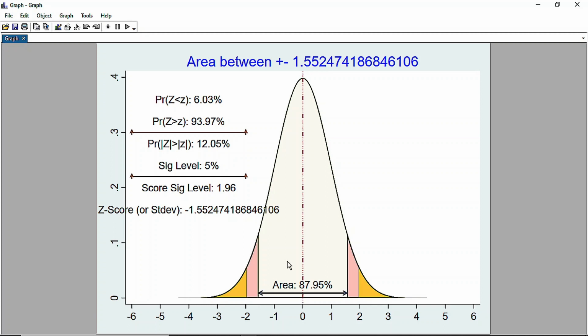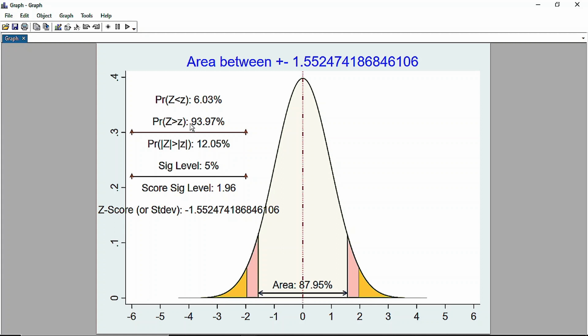At a glance, we can say that we fail to reject the null for this two-tail test, as the p-value is greater than our significance level. For the one-tail test, let us see first the left-tail test. Again, the p-value is greater than our significance level. We fail to reject the null in this case.